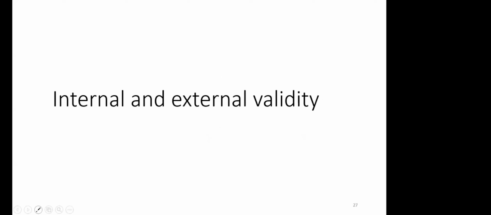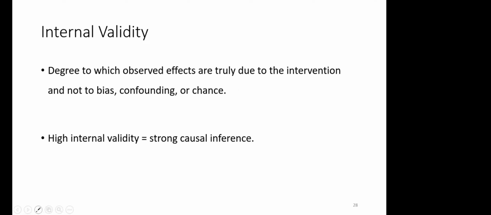We will now briefly look at internal and external validity. So internal validity is the degree to which observed effects are truly due to the intervention and not to bias, confounding, or chance.